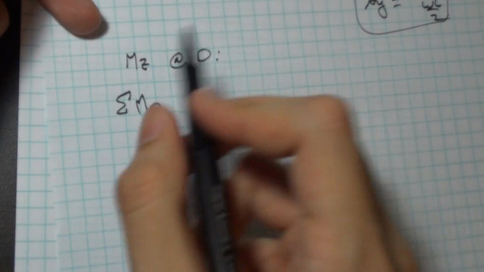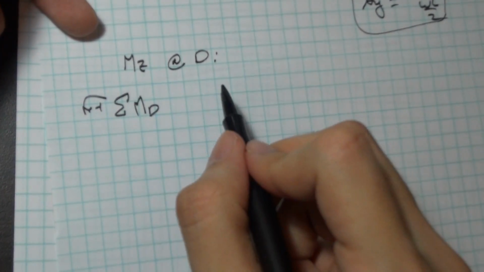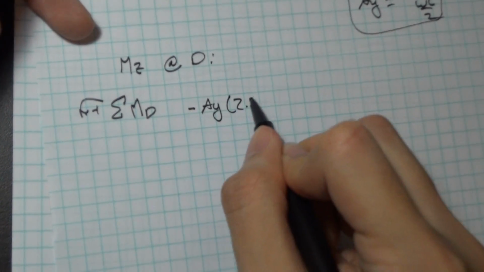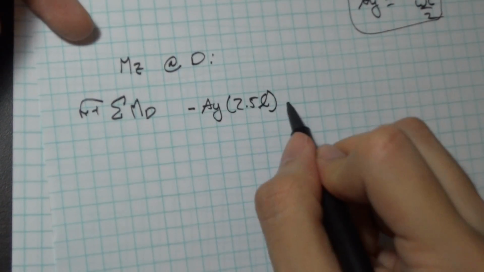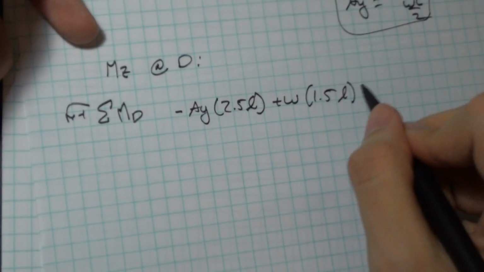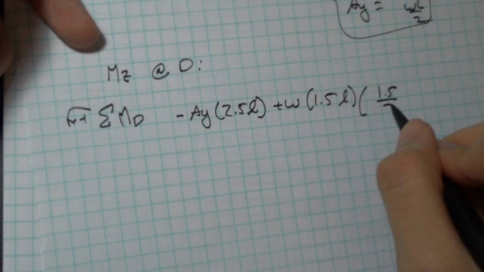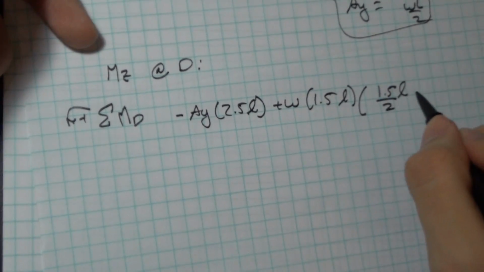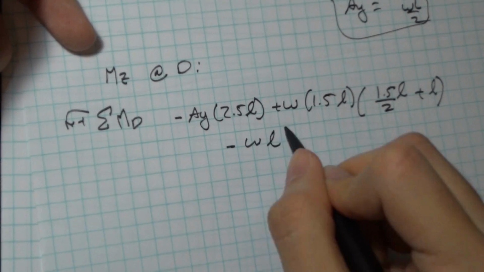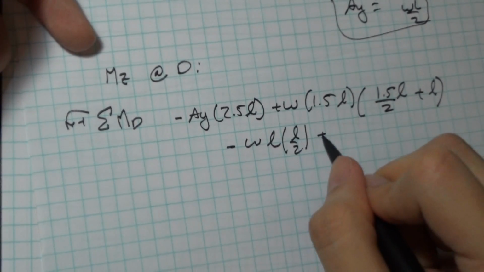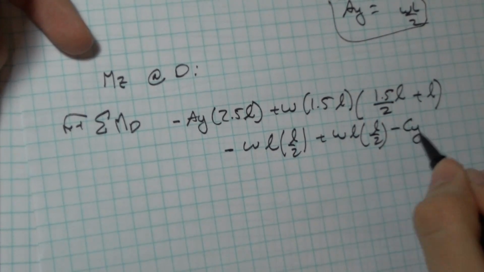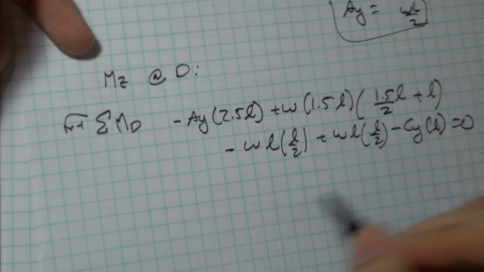So if I do moment about D, again in the counterclockwise direction, I have negative AY times 2.5L plus W times 1.5L times 1.5/2 times L plus L minus WL times L/2 plus WL times L/2 minus CY times L equals 0.